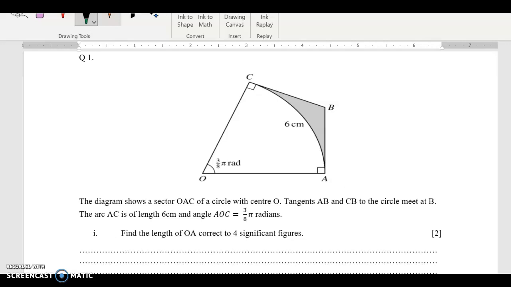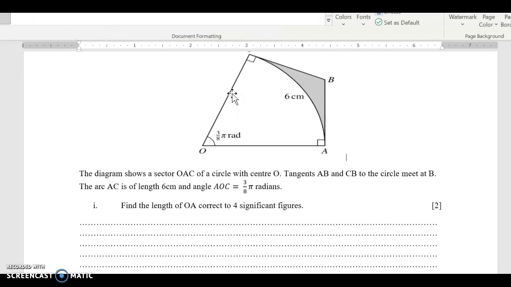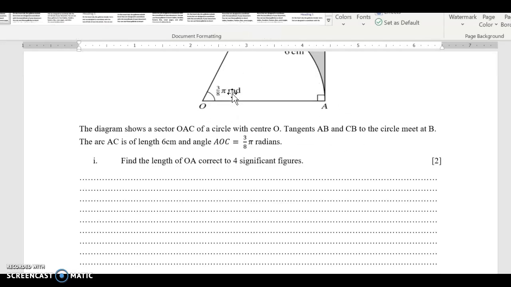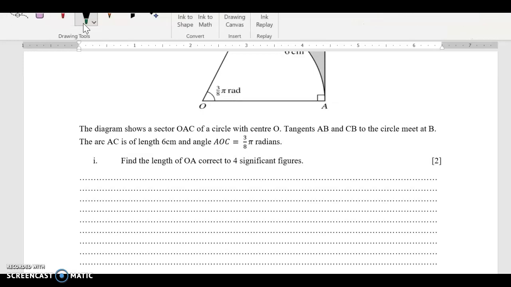So we need to find the length of OA. This OA is actually the radius, and we know the arc length, which is 6 centimeters. So we can use the formula for arc length, which is equal to r theta.